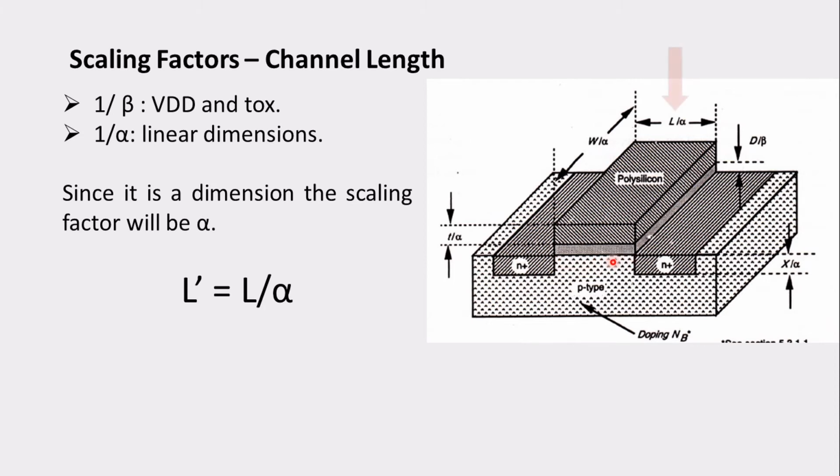After scaling down, what might be the thing? Let us consider that L dash is our scaled down value, and L is our value before scaling down. So alpha will be our parameter. L dash is after scaling, and L will be before scaling.